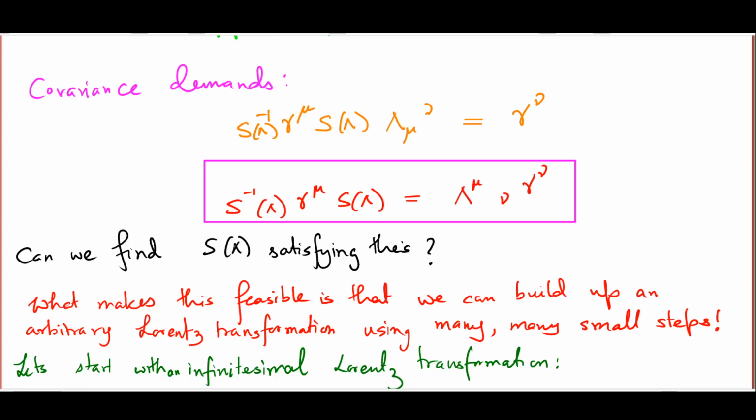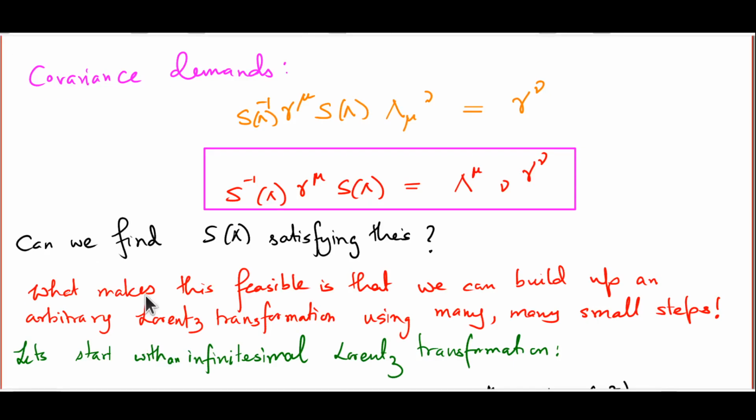And since you can think of a sequence of intermediate inertial observers, each moving very slowly with respect to the previous one, between our original observer and the final one, we can build up such Lorentz transformations with many small steps. We will soon see how this building up process works, but for the time being, let us take a look at infinitesimal Lorentz transformations, that is, transformations which differ from the identity by very tiny amounts.